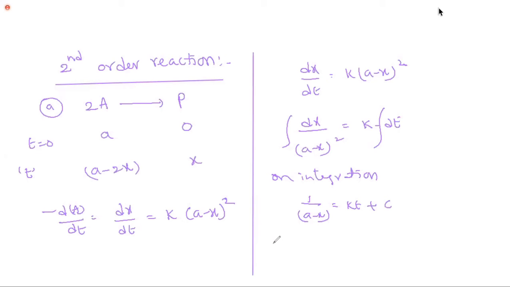Later you verify this, okay? Now, is the sign minus 1 by a minus x or plus?